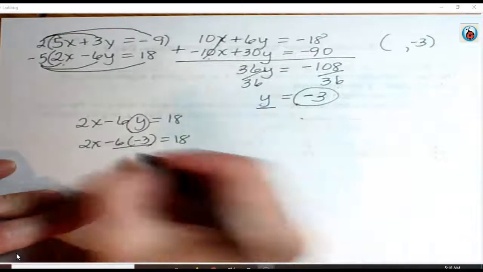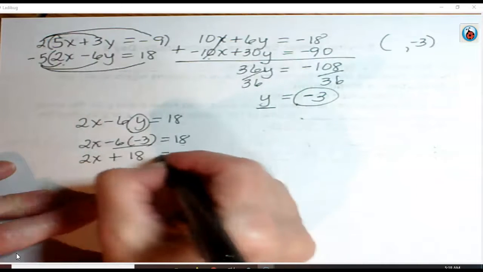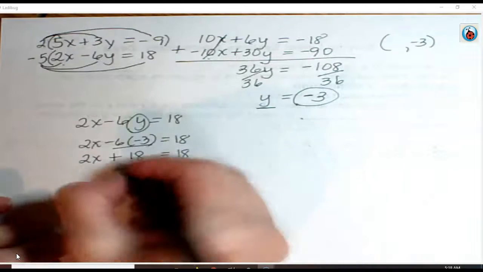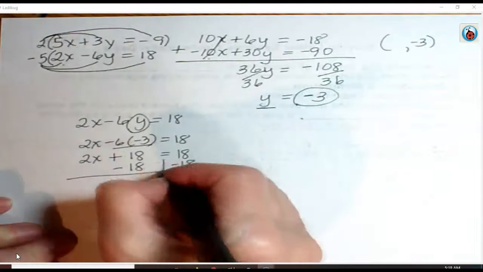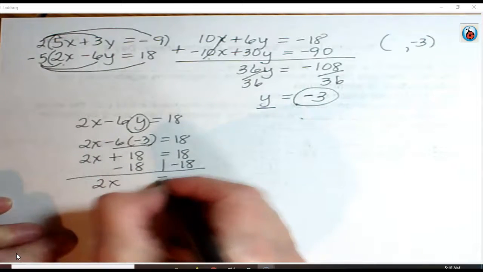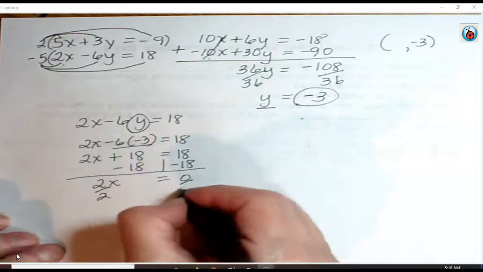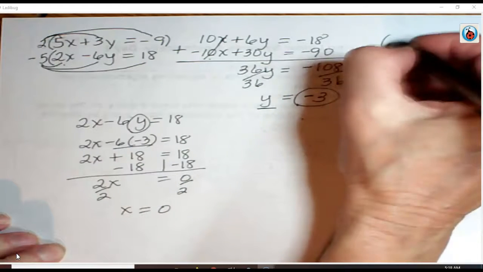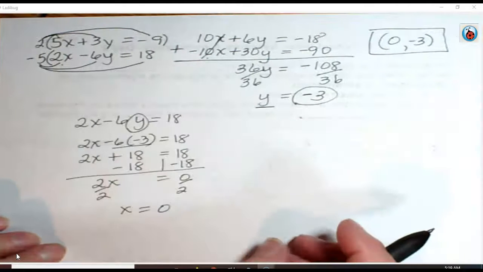Negative 6 times negative 3 is a positive 18. All right, so then I'm going to subtract 18 from both sides. And I get 2x equals 0. Divide by 2. And my x is equal to 0. So the point of intersection, the solution to this system, is 0, negative 3.